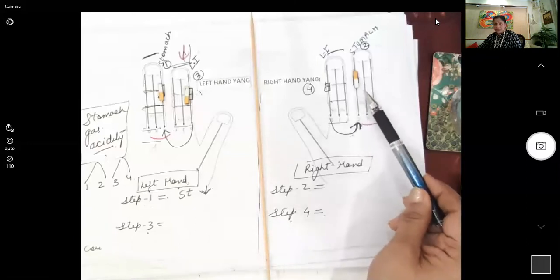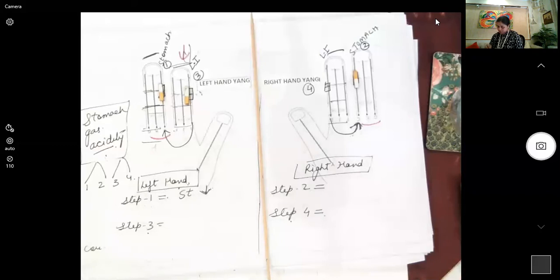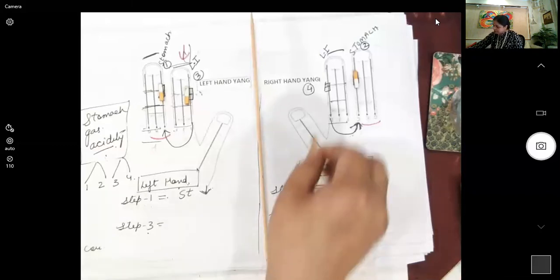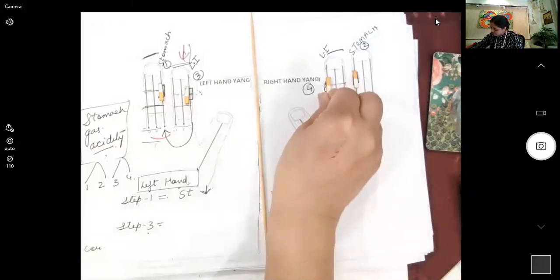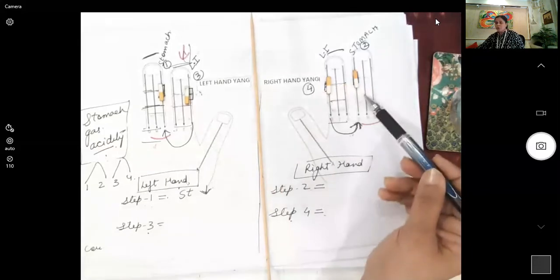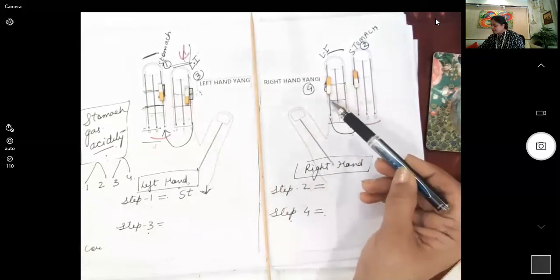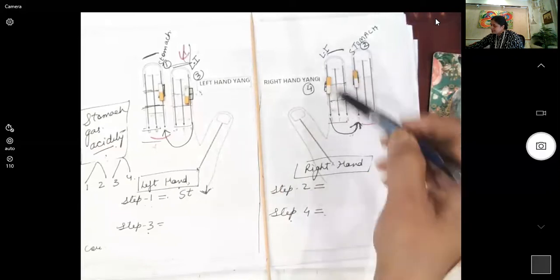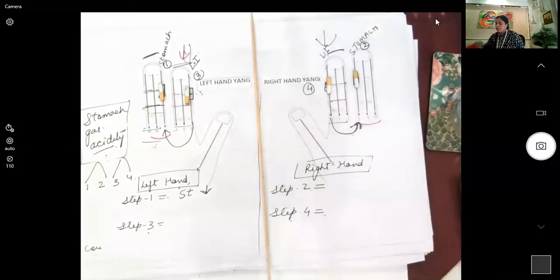If this is tonification, then you will do sedation. So this was tonification, the opposite is sedation. So in the large intestine meridian, because energy flows from arm to leg, this is sedation. Okay, and the patient says, now I am good, now I am good.